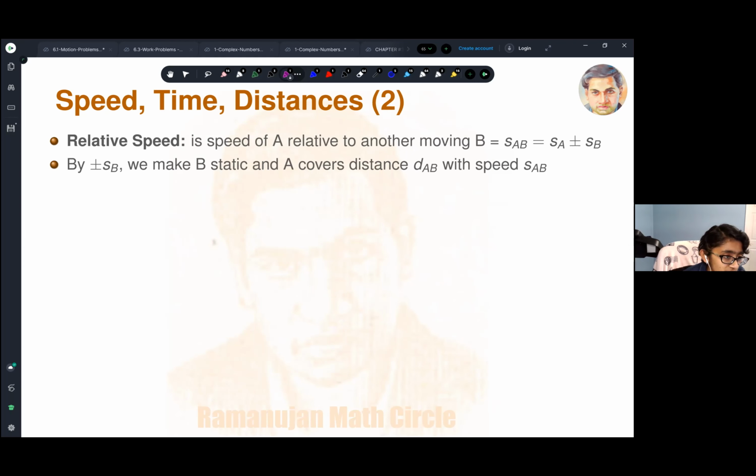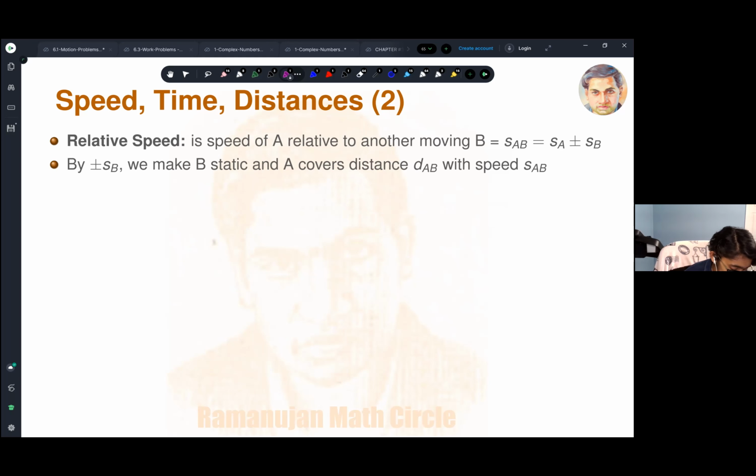Okay, so now let's look at a concept called relative speed. Relative speed is basically the speed of an object A, for example, relative to another object B, and object B is generally moving. So the way we can go about this is we keep one of the objects static, and then we see the movement accordingly.